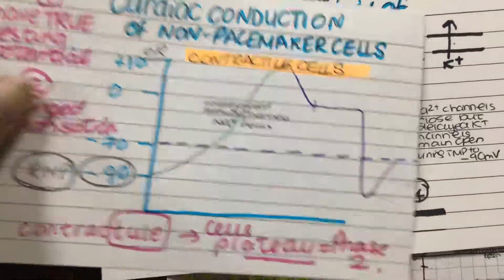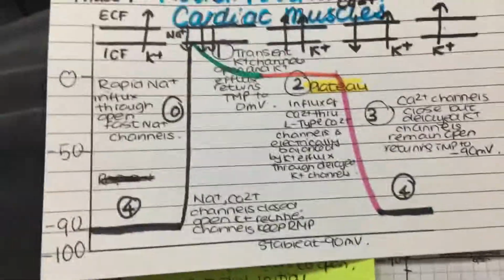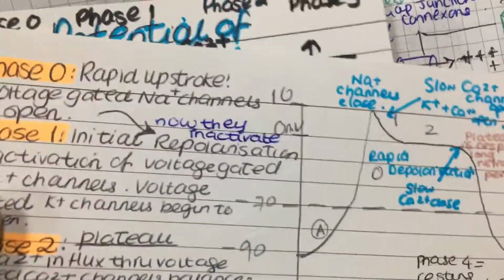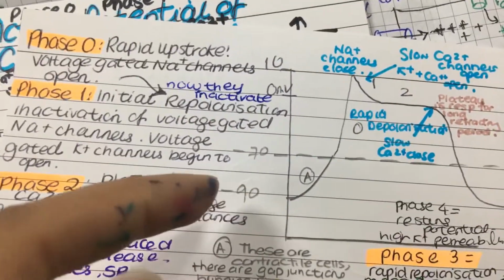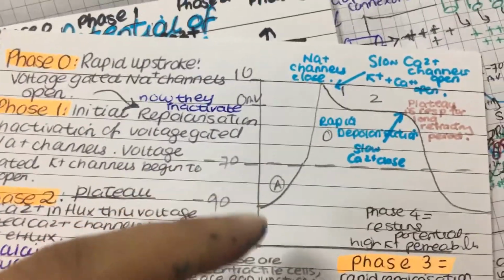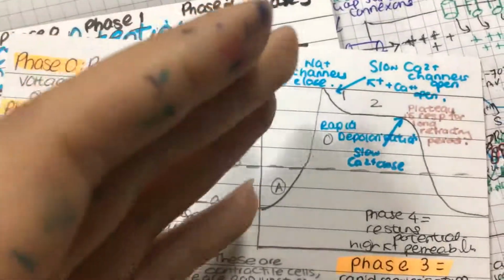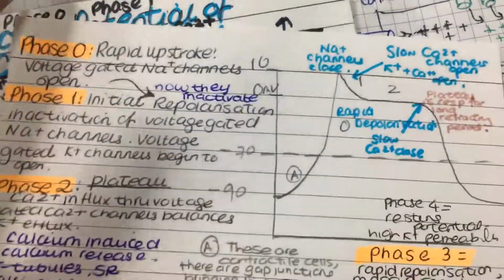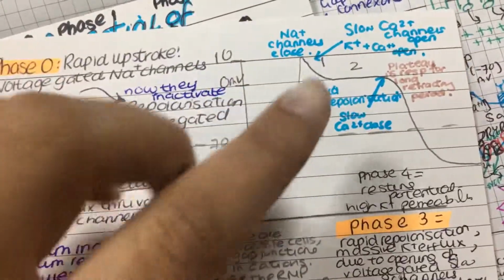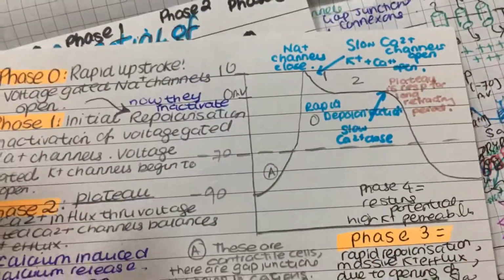Your Na plus influx causes this rapid upstroke here, which brings your membrane potential up from the resting membrane potential due to the Na plus. This is also known as rapid depolarization. That's phase 0.